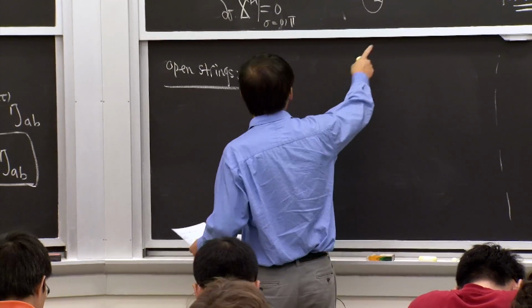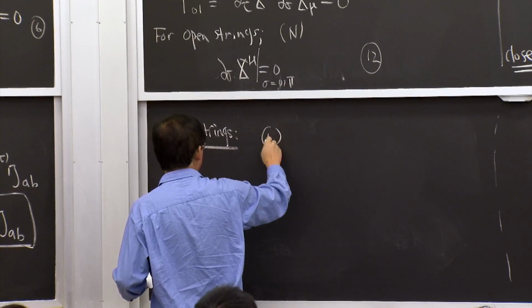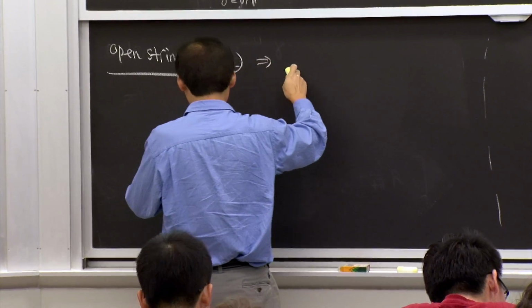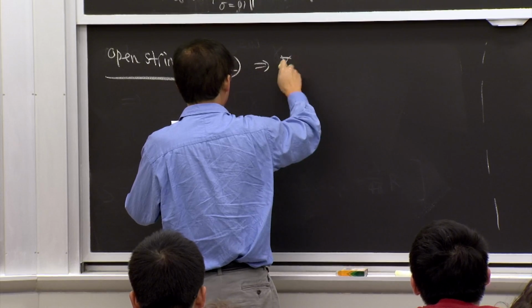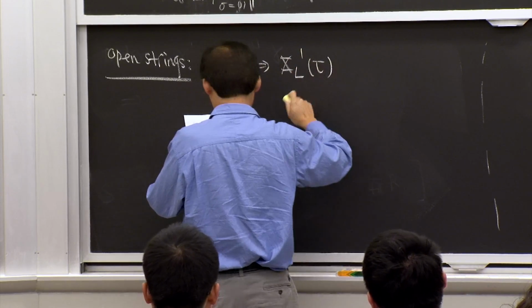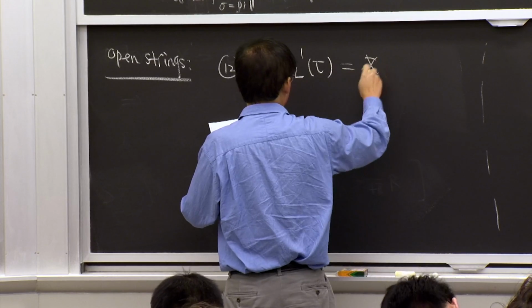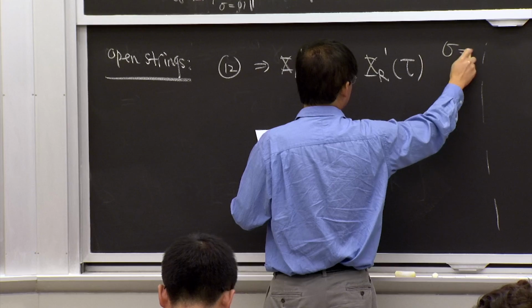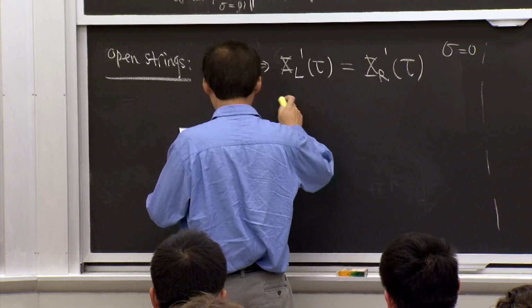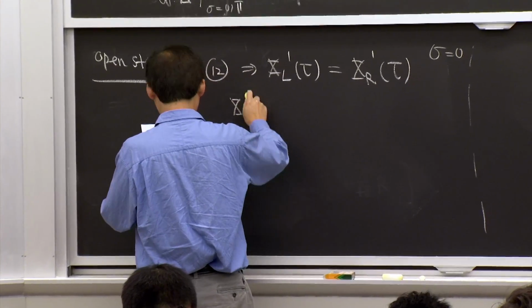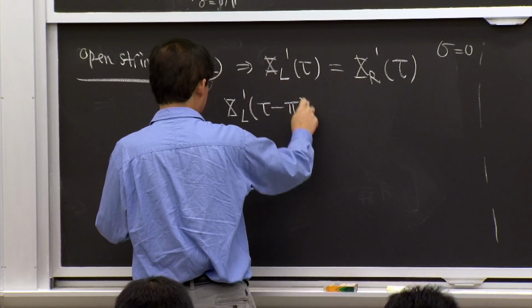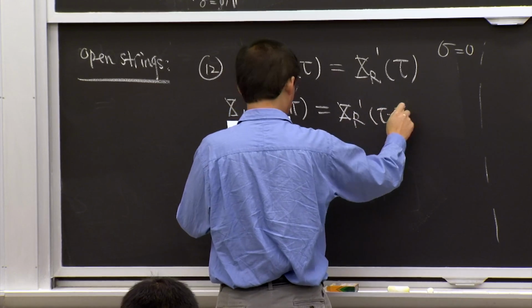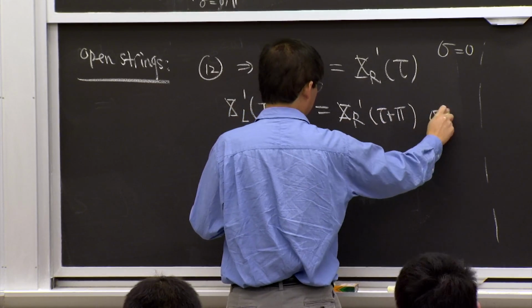And then from this equation, plugging that into this equation, we conclude that XL prime of tau should be equal to XR prime of tau at sigma equal to 0, and XL prime of tau minus pi should be equal to XR prime of tau plus pi at sigma equal to pi.